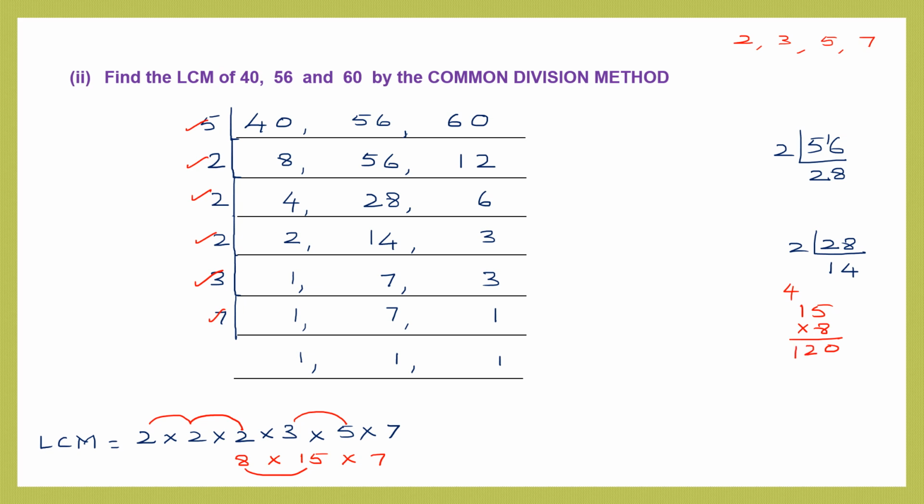So that's 120 into 7. 7 zeros are 0, 7 2's are 14, carry 1, 7 1's are 7, plus 1, 8. So I have found my LCM. My LCM is 840. So this is my final answer.